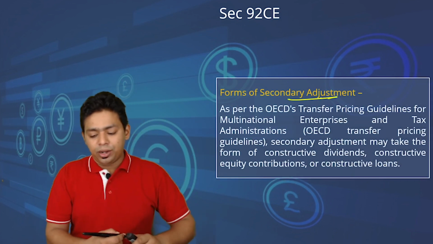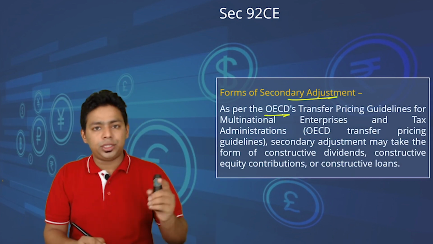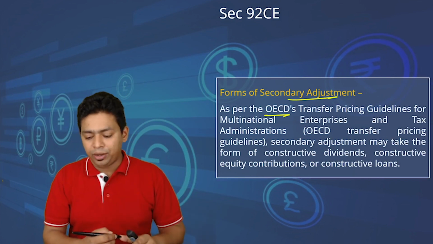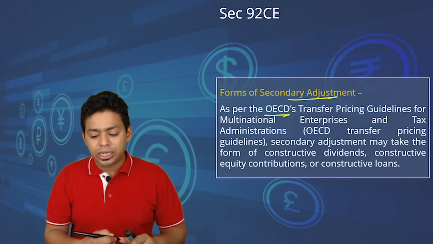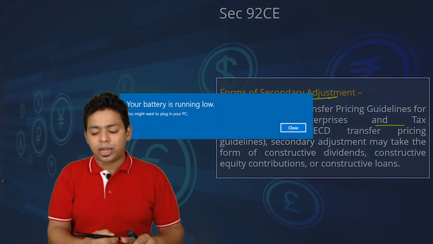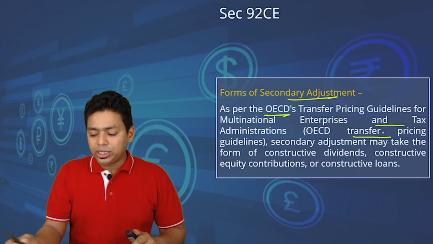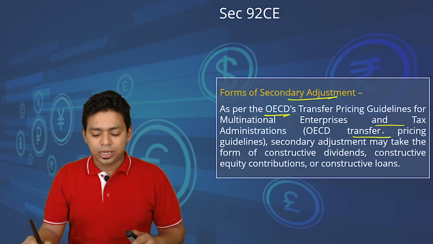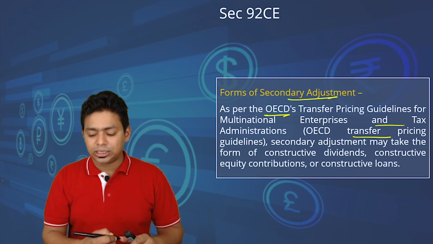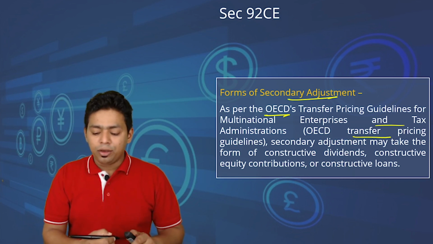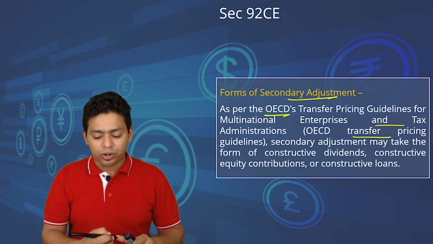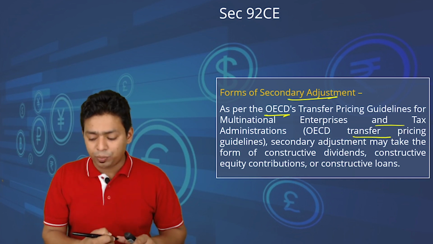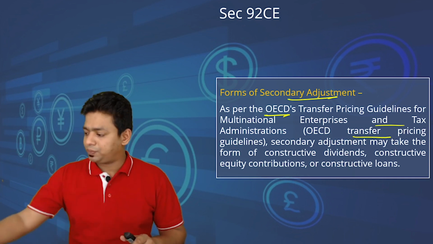Forms of secondary adjustment. As per the OECD, the Organization for Economic Cooperation and Development, transfer pricing guidelines for multinational enterprises and tax administration. Please understand, under the OECD transfer pricing guidelines, secondary adjustment may take the form of constructive dividend, constructive equity contribution, and constructive loans.